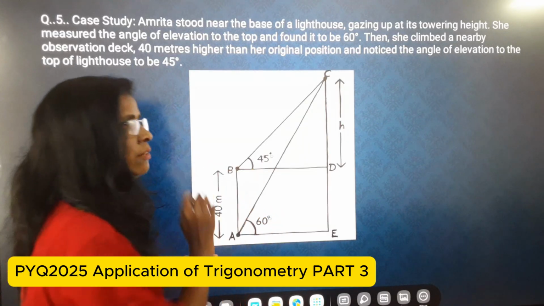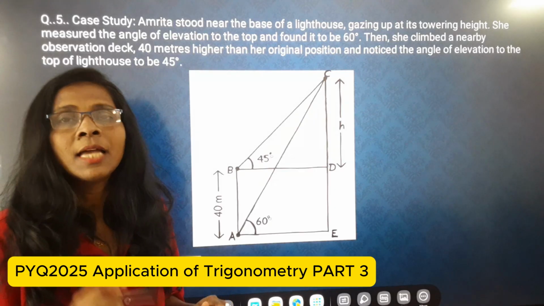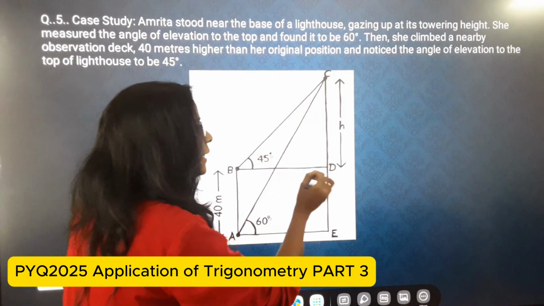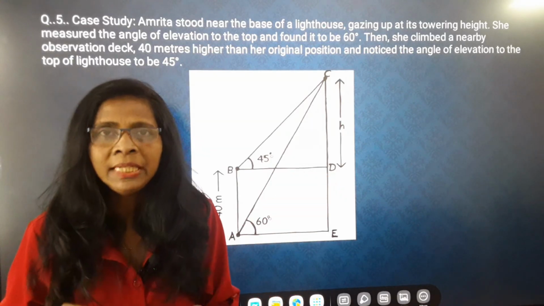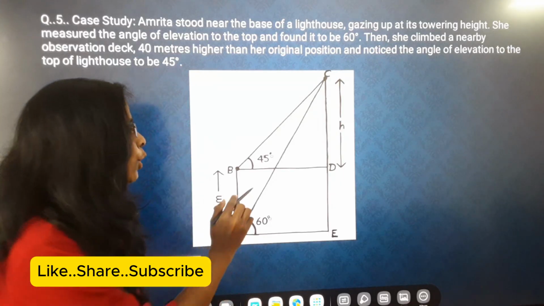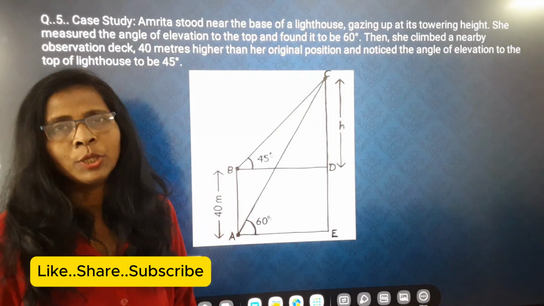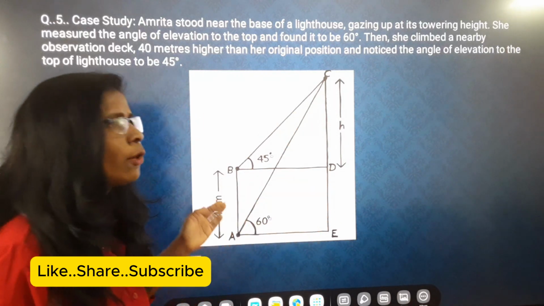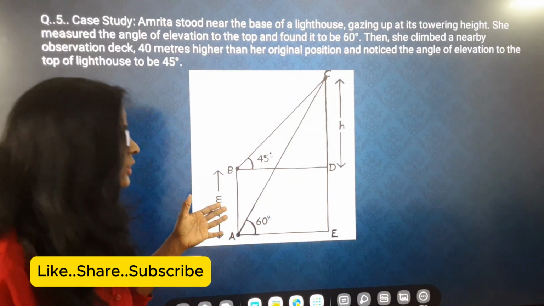This angle is the angle of elevation. So angle CBD is the angle of elevation, which is equal to 45 degrees, students. So from the given information, we draw the figure.